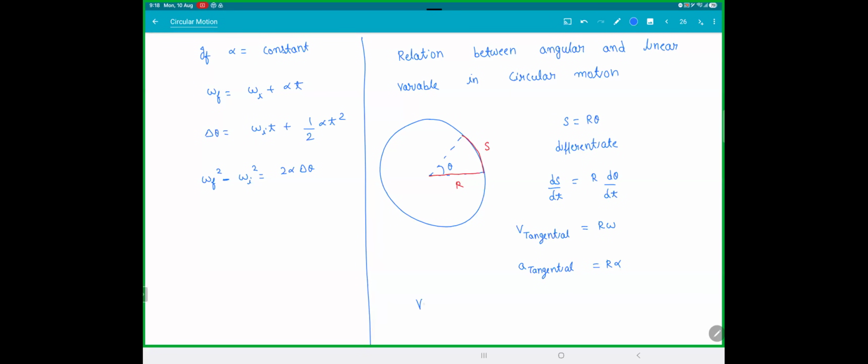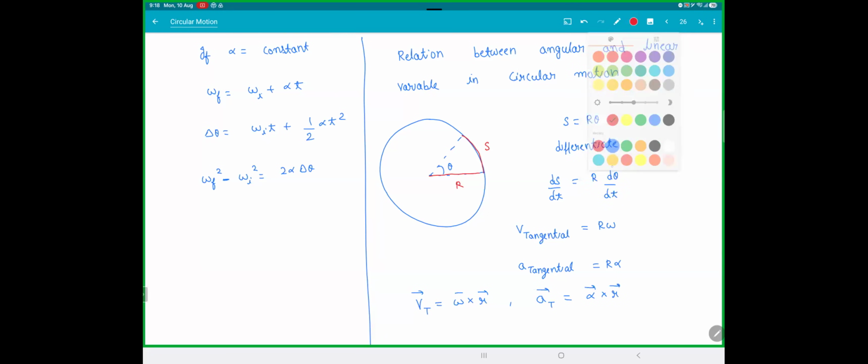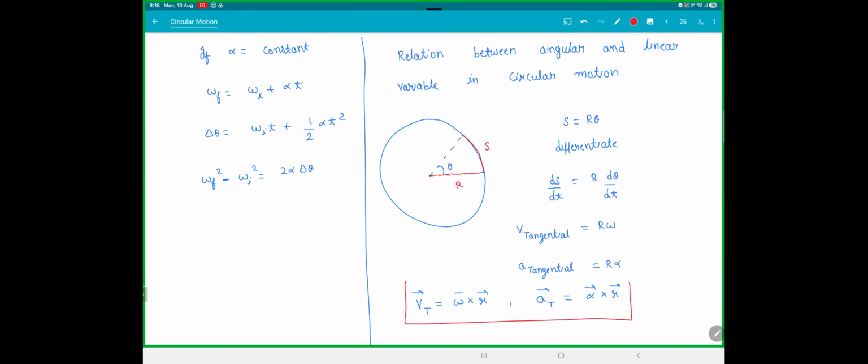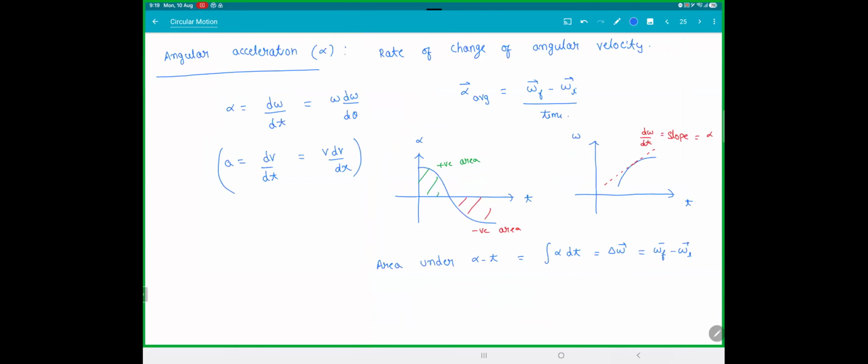The vector form is this: v tangential is omega cross r bar, and a tangential is alpha cross r bar. Yeah, these are your relations, and the cross product comes directly from the direction. Everyone clear with this? Let's see one easy question on this.